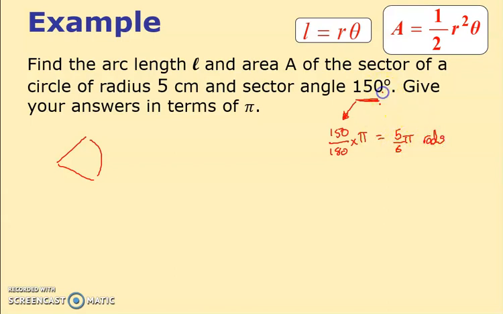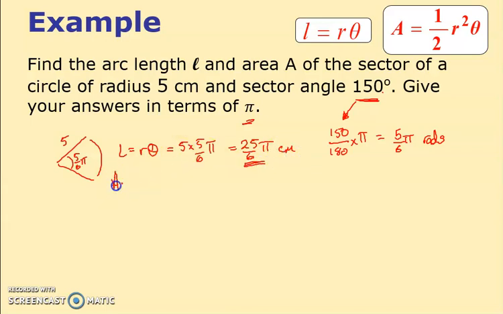So they've given me an angle in degrees. I'm determined to use this formula because it wants the answer in terms of pi. So what's that mean? My angle is 5/6 pi. My radius is 5. L, my arc length, is r theta, which is 5 times 5/6 pi, which is not very nice, 25 over 6 pi, but it wants it like that, so there you go, centimetres.